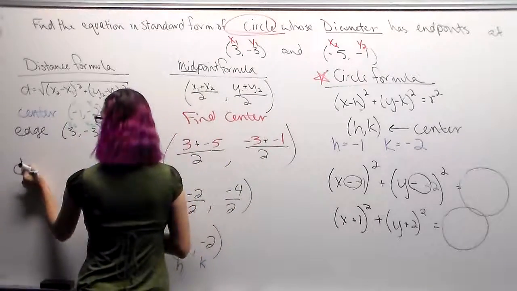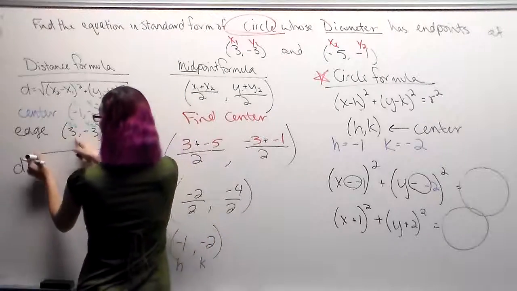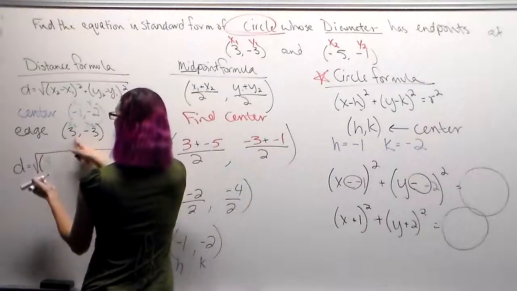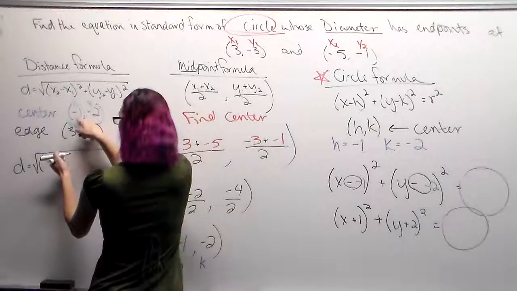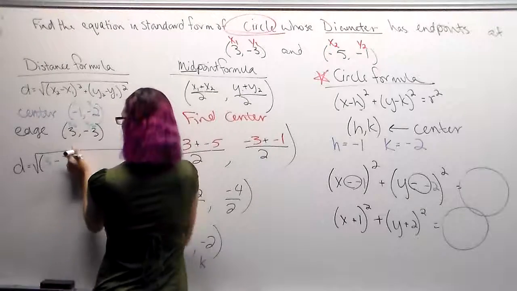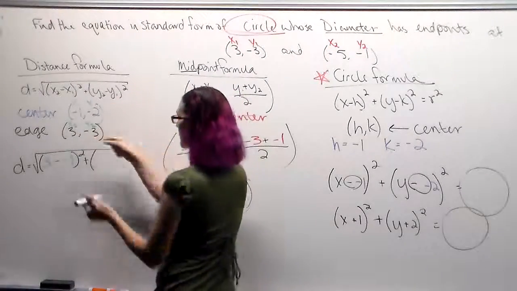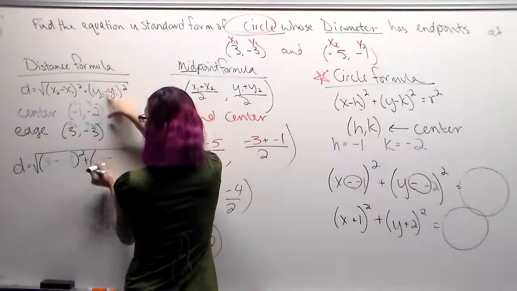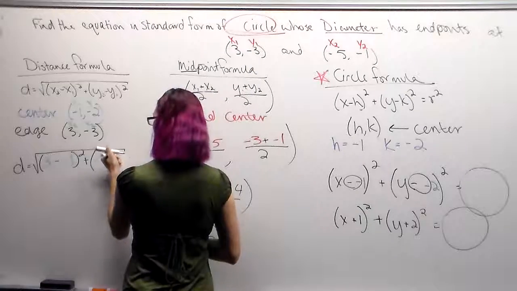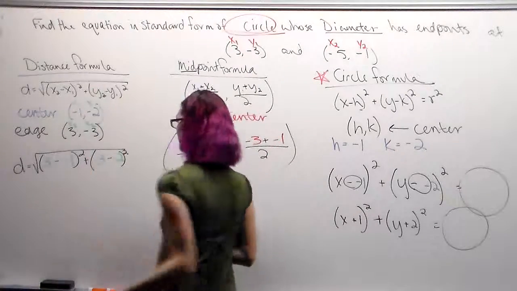d equals the square root of (x2, that's 3, minus, from my formula, x1 is −1) squared, plus (y2 minus, from my formula, y1) squared.